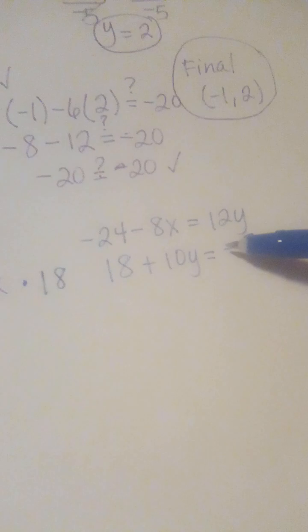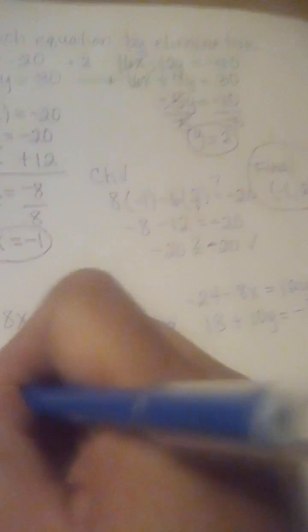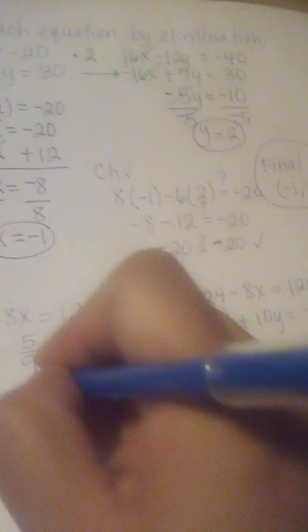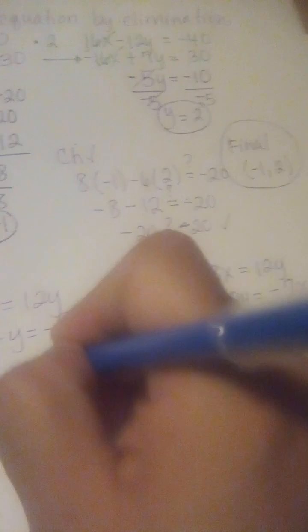Actually, we can. Yes, we can. So watch. I'm going to do one part here. I'm going to move this to the left. And move this up to the left. And move this on the bottom.